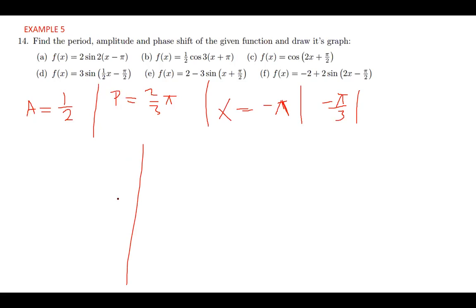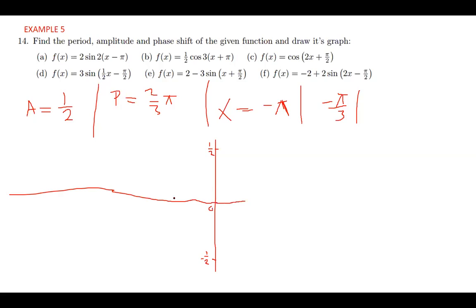So the graph will be like this. Let me write it here. So I know my amplitude is half, meaning even this side I'll put negative half, like that. And then from there, my 0 is here.